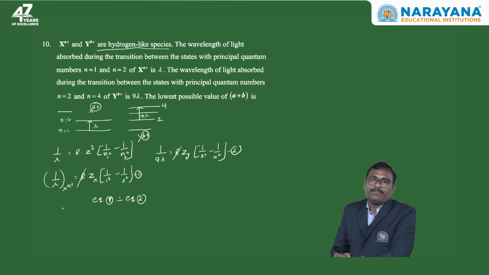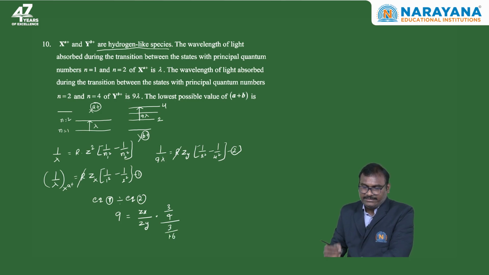Then 1 by lambda over 1 by 9 lambda is 9 by 1, equal to Zx by Zy into (3 by 4) by (4 minus 1 by 16, that is 3 by 16).